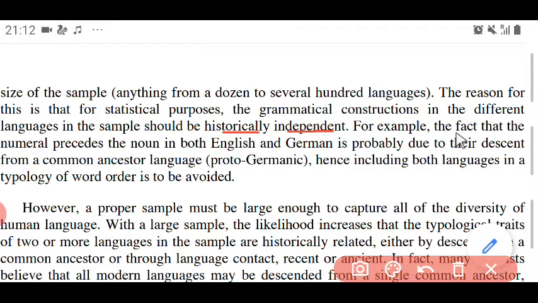For example, the fact that numeral precedes the noun in both English and German is probably due to their descent from a common ancestor language, that is Proto Germanic. Hence, including both languages in a typology of word order is to be avoided.